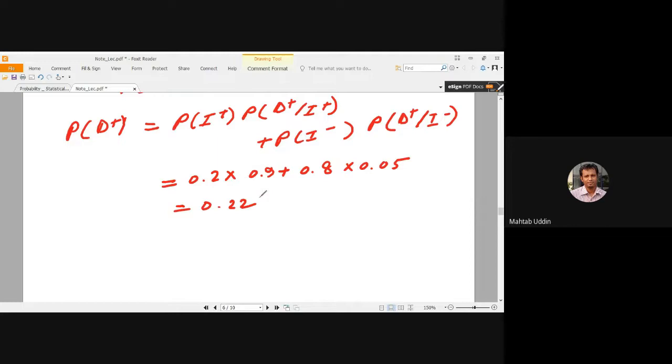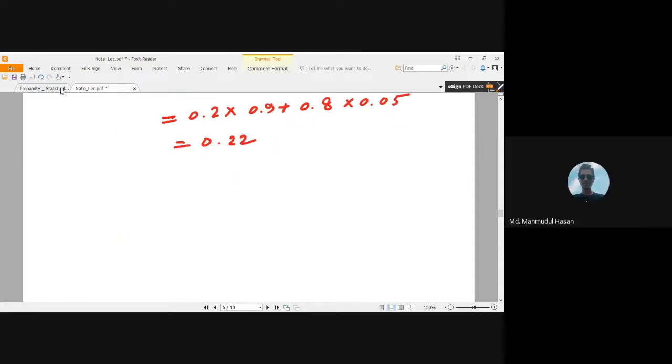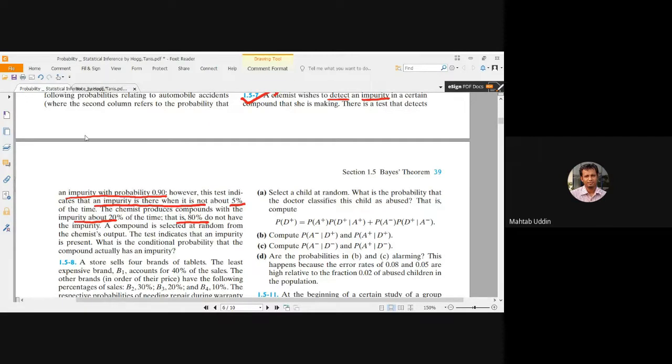Now, the last part of the question. A compound is selected at random from the chemist's output. The test indicates an impurity, that is, already detected. What is the conditional probability that there is actual impurity?